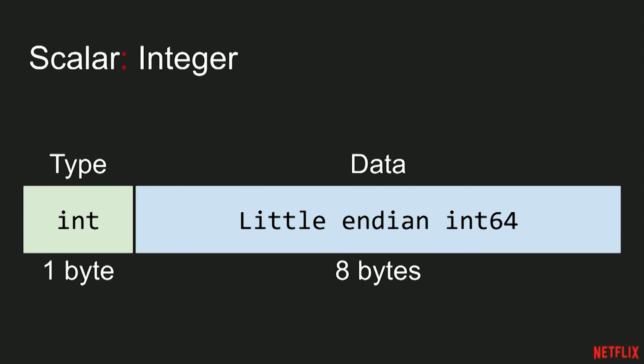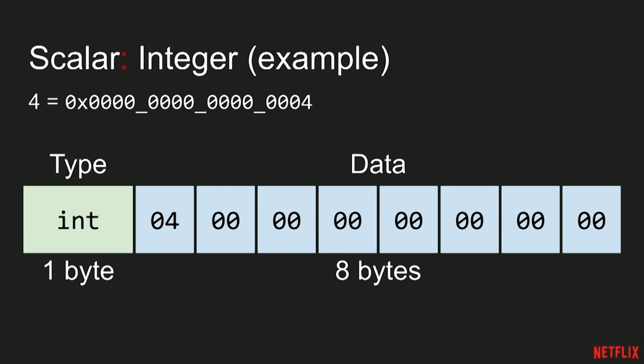Integers here, we have a type byte like everything else, and then we have 8 bytes of integer data, 64-bit integer, stored in little endian format. So this will be a little bit clearer with an example, what little endian is if you don't know. The least significant bits come first. So in this case, if we're storing 4, we're going to have 04 as our first byte.